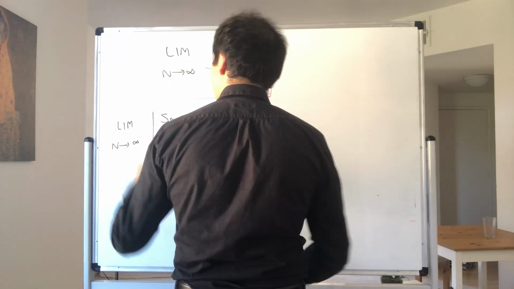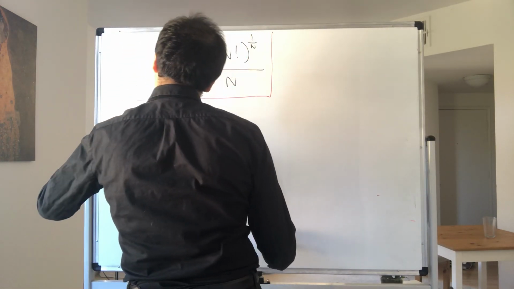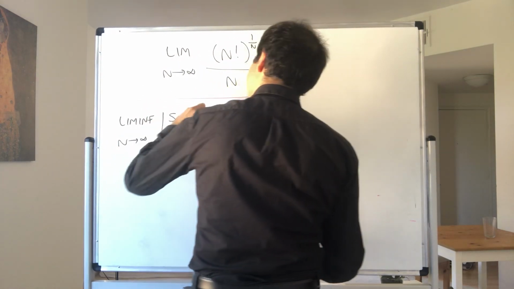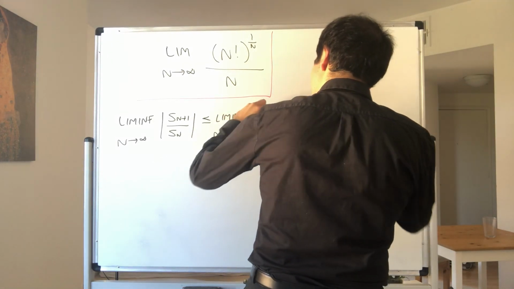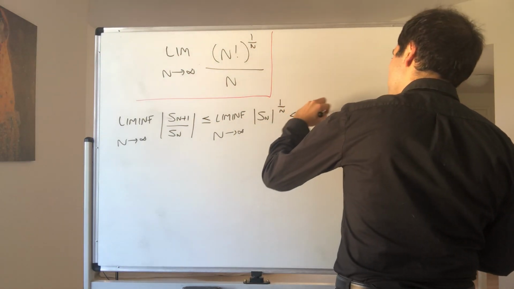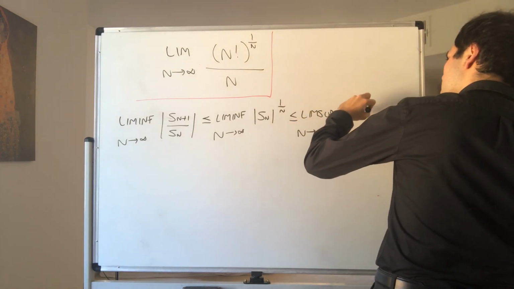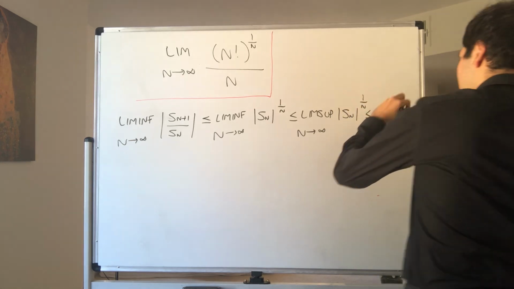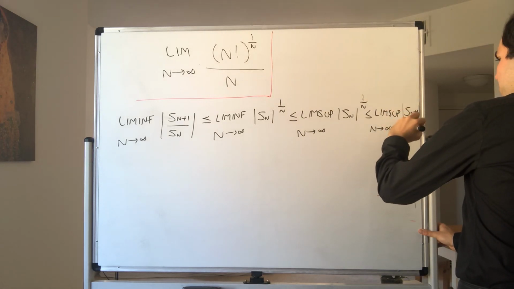So if you take the lim inf as n goes to infinity of the ratio terms S_{n+1} over S_n, it's less or equal to the lim inf of the root terms, so S_n to the 1 over n, which is less or equal to the lim sup of the root terms, and that's less or equal to the lim sup of the ratio terms, S_{n+1} over S_n.